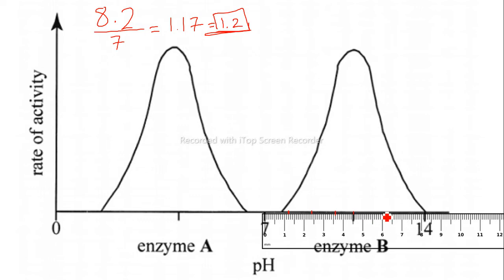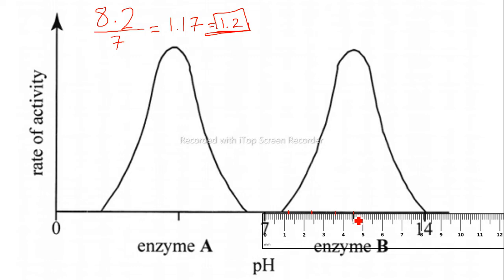Remember from 3.6, we have 4.8. But I said that we can't do 4.8 because this one already is here, so we have to respect that.